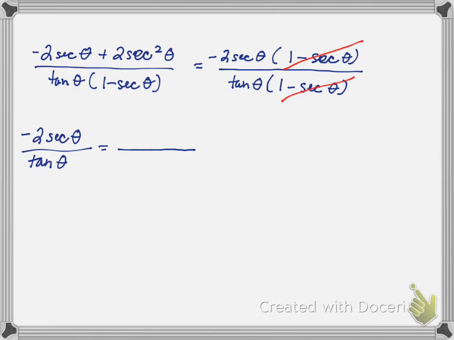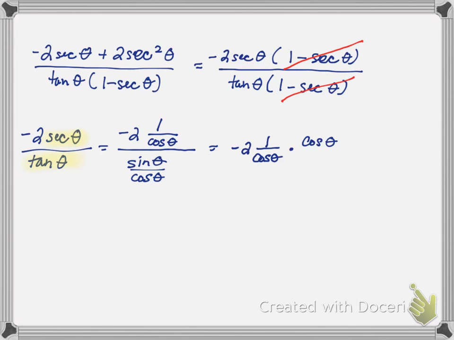At this step, I'm going to rewrite secant theta and tangent theta in terms of sine and cosine. We know secant theta is equivalent to 1 over cosine theta, and tangent theta is equivalent to sine theta over cosine theta. So I now have negative 2 times 1 over cosine theta, and remember, to turn this into a multiplication problem, I have to take the reciprocal of the denominator.